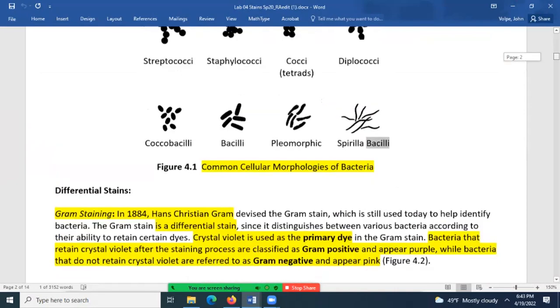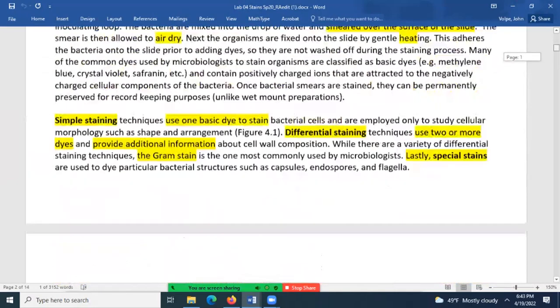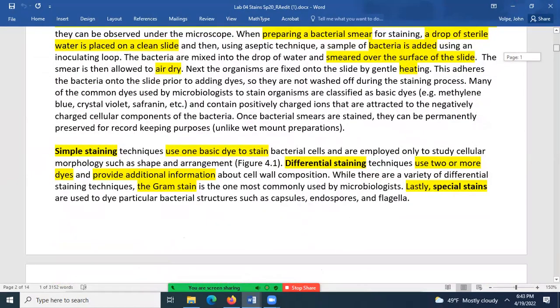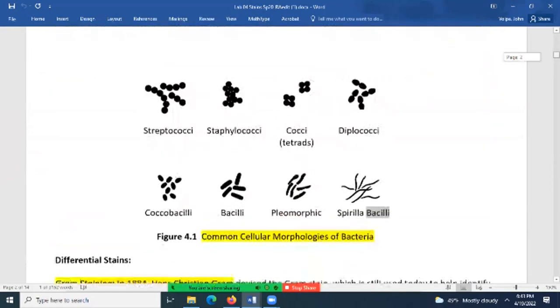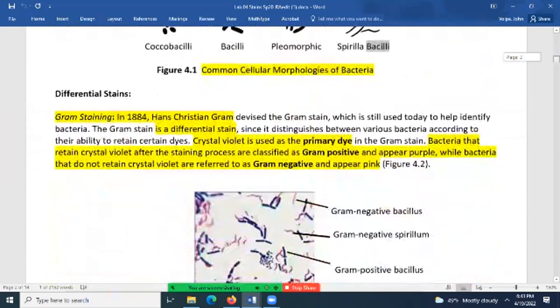Gram staining. So we mentioned that there are simple stains that use only one basic dye. All the cells will be stained the same. You can have a differential stain, in which the cells can take a different color depending on what the cells are.